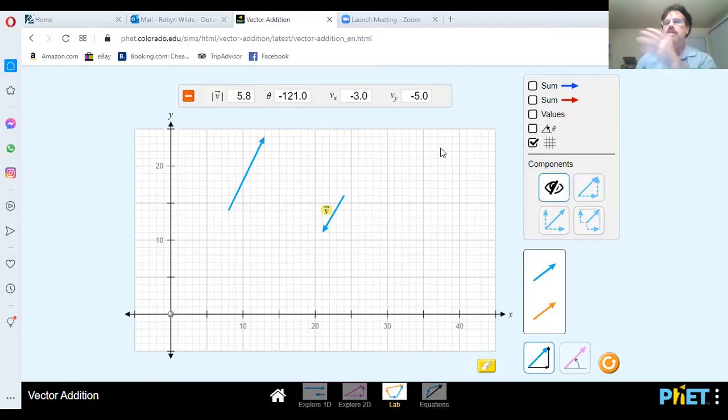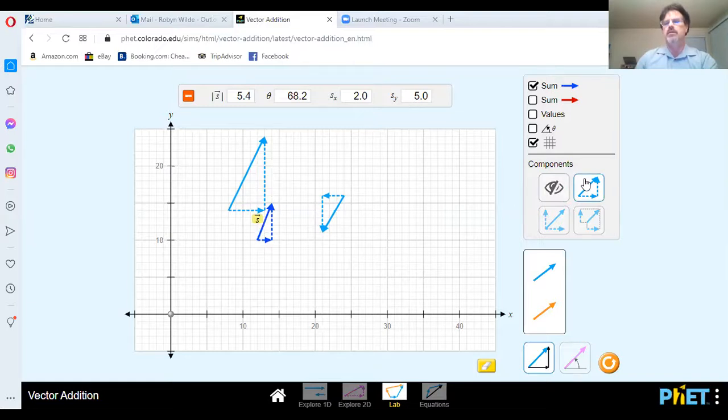Now if I want to get the sum by adding these two vectors together, there we go. And what I should find is that if I want to draw the components and check my math that I just did, I can hit this little button here, and I can see that my vector S does have components of 2 and 5. So this is just a simulation to help you draw the vectors.